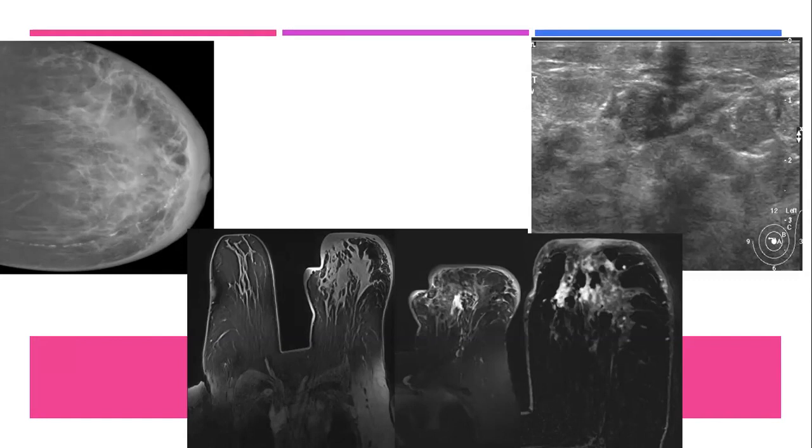The adjacent parenchyma is also abnormal, distorted and hypoechoic. Okay, mammography confirms the skin thickening and the parenchymal distortion.